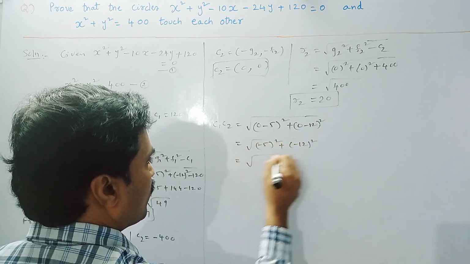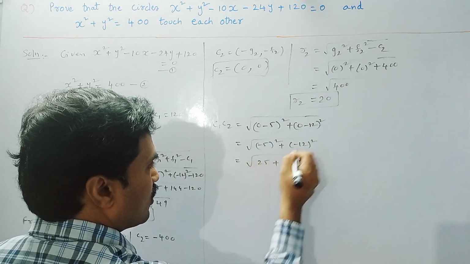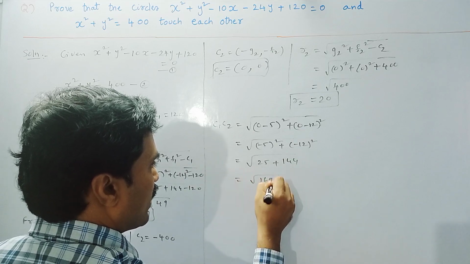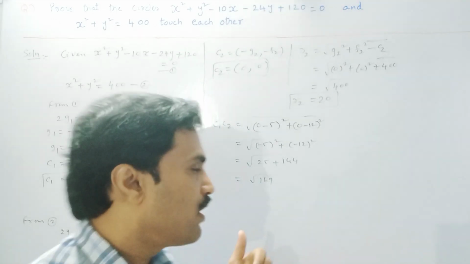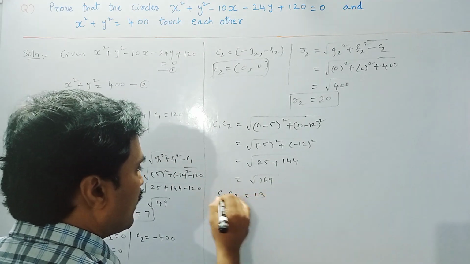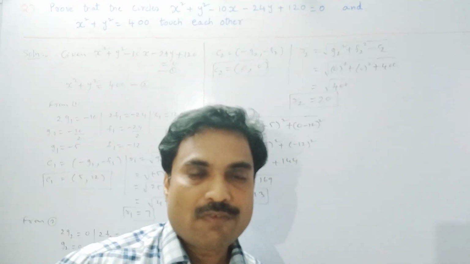Square root of, minus 5 whole square is 25. Minus 12 whole square is 144. So we'll get root 169. What is square root of 169? 169 can be written as 13 square, so the square root will be removed. So you get C1 C2 equal to 13. So the distance between those two centers is 13.